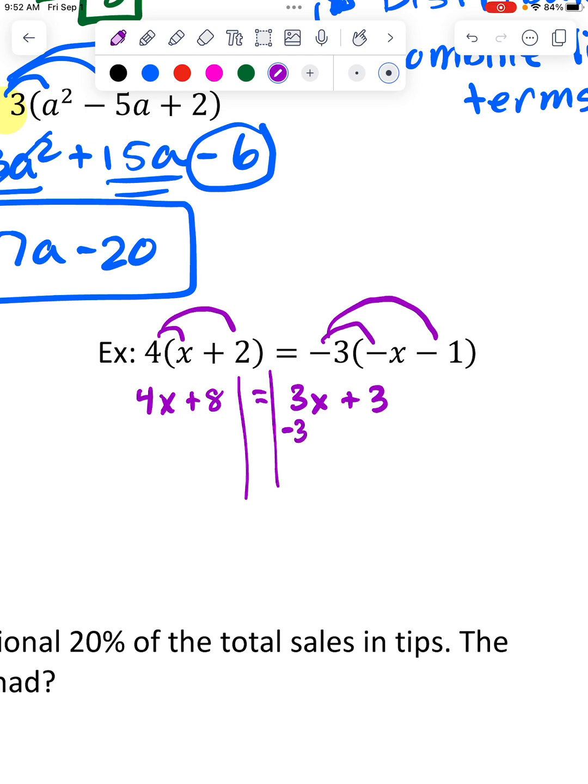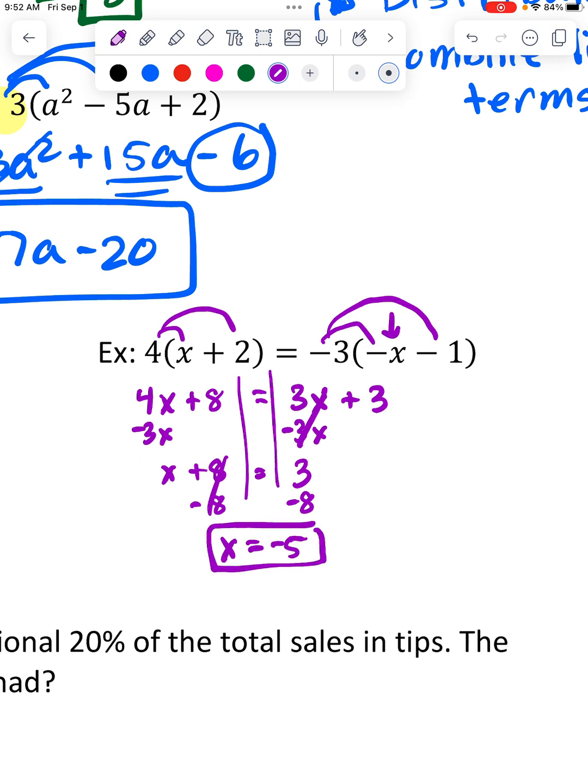So in this case, I'm going to move 3, because then 4 minus 3 stays positive. Doesn't really matter, but I just like to keep the problem easier by not introducing negatives. And then to get x alone, I have to take that 8 away to the other side, and I get -5. And again, I could go back and plug that in for my x's to triple check and see if that is actually correct.